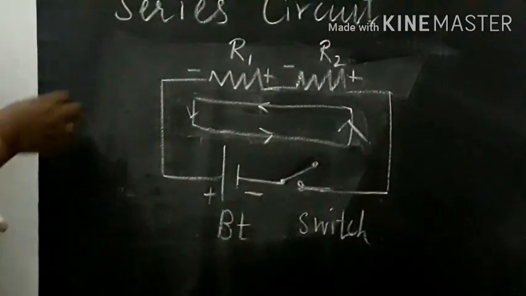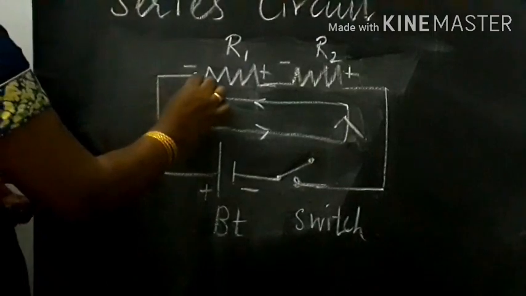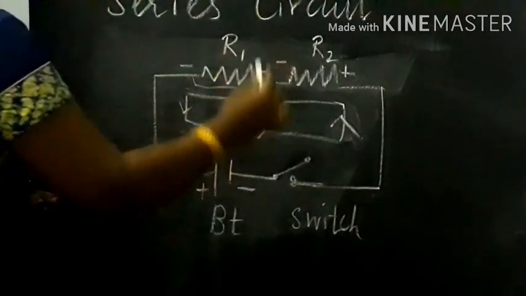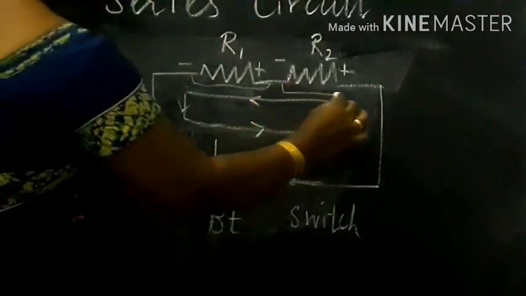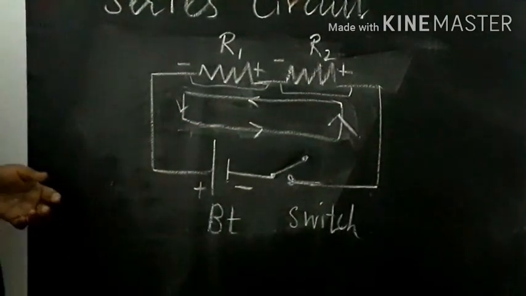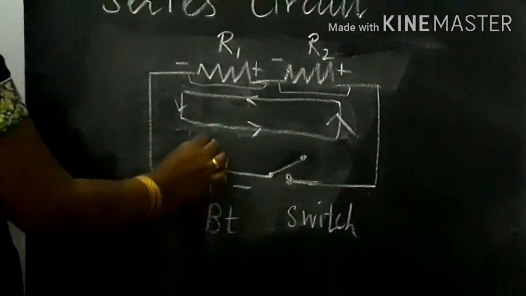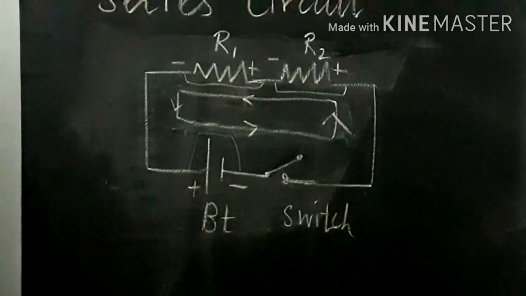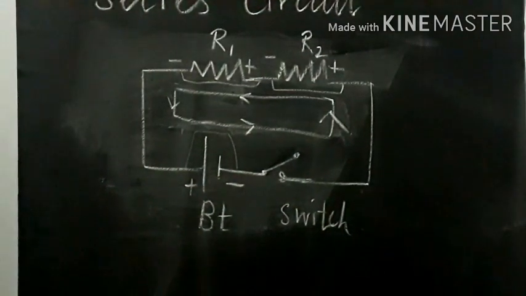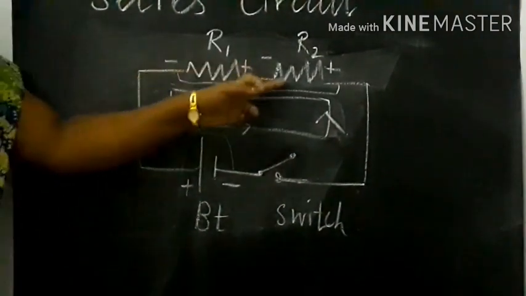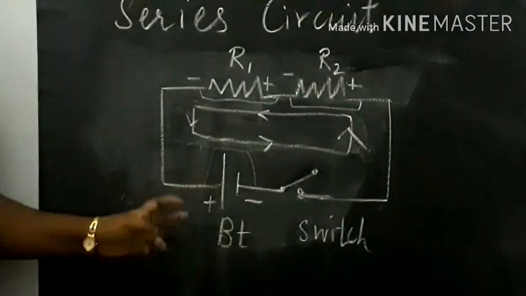Because of this reason, whenever you measure the current across this resistance R1, also when you measure the current across R2, and also measure the current across the battery or the electrical source, the current across the individual components will be the same.